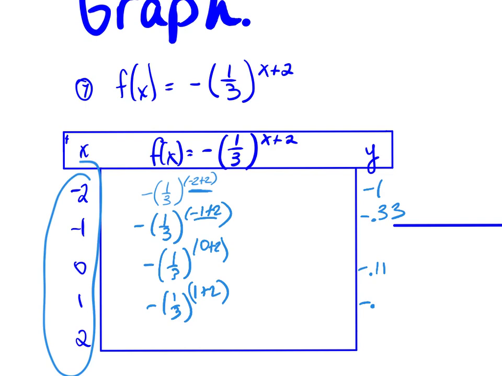That's a decimal. 0.037 repeated. So 0.04, something like that. And then negative 1/3 to the 2 plus 2. Negative 1/81, which is?